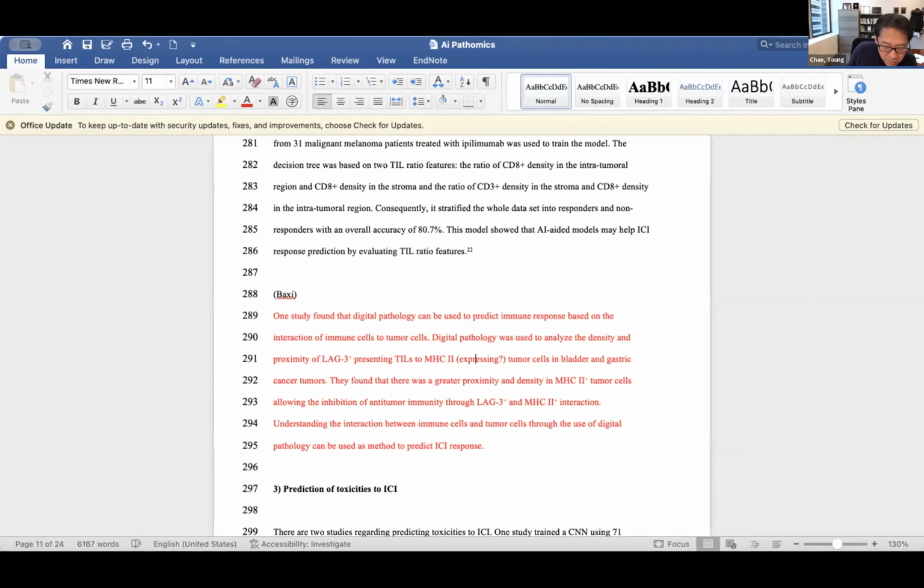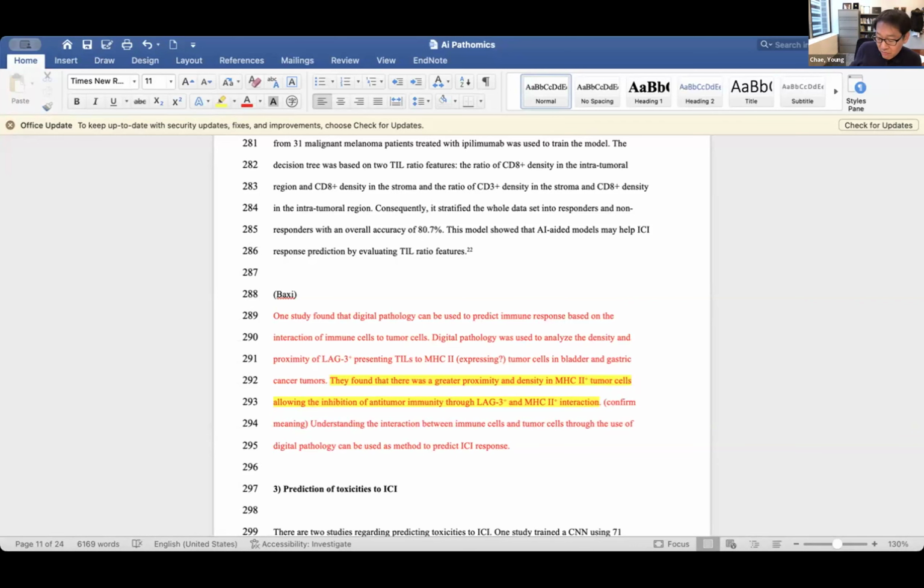I don't think that sentence makes sense to me. What was the inhibition of anti-tumor immunity? What does that mean?